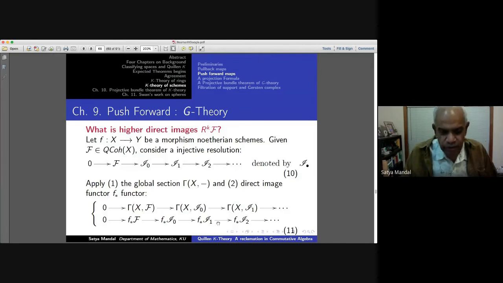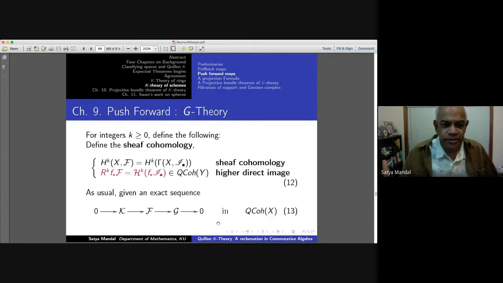Now I look at the homology of this. The homology Hk(X, F) is defined to be the sheaf cohomology, and Rk F star F, the higher direct image, is the homology of the second one.